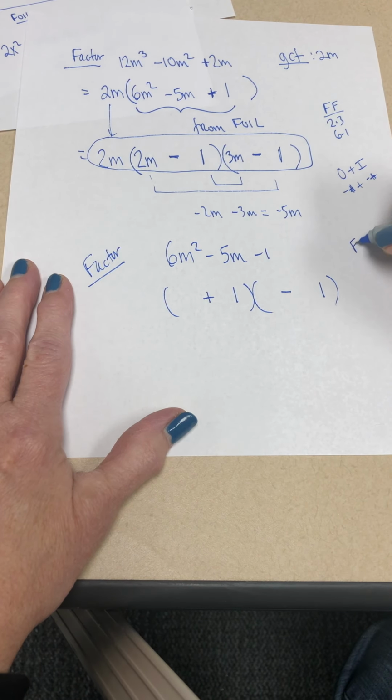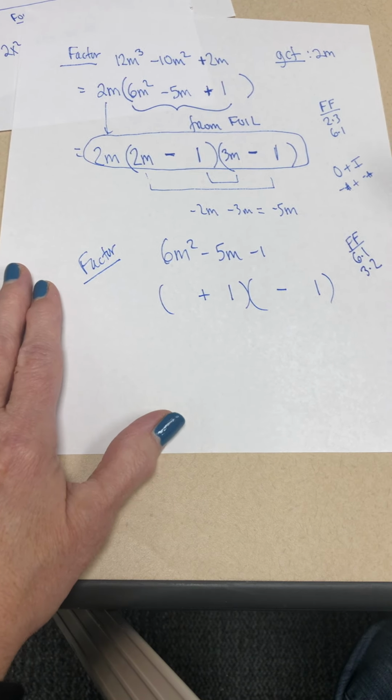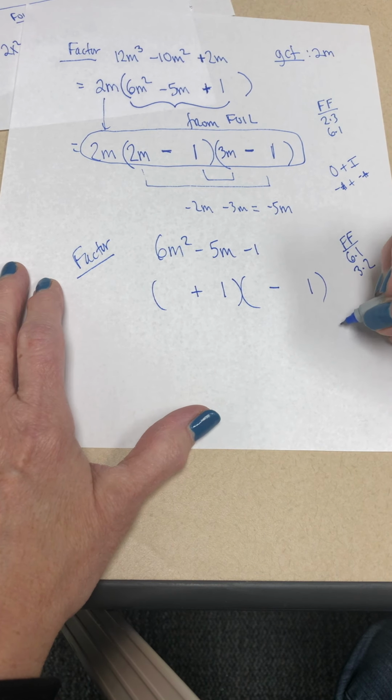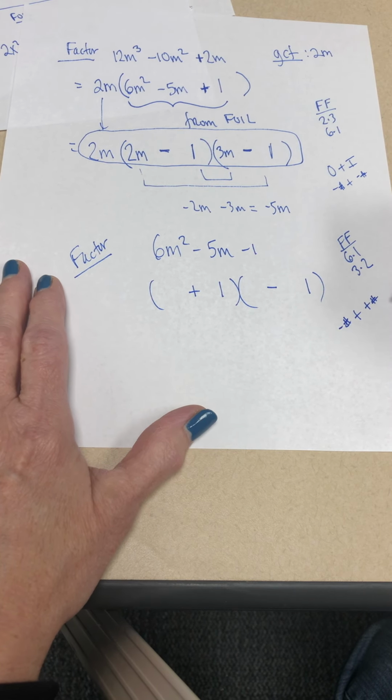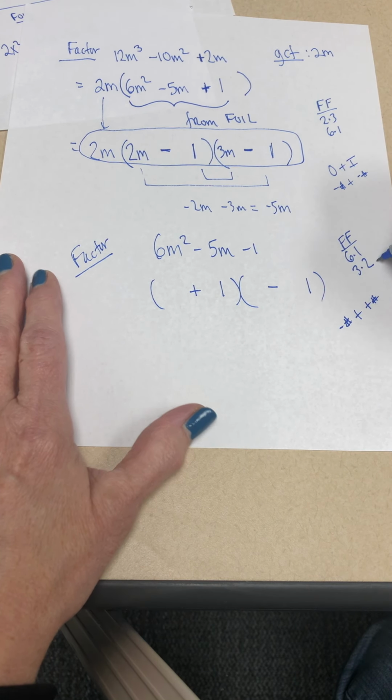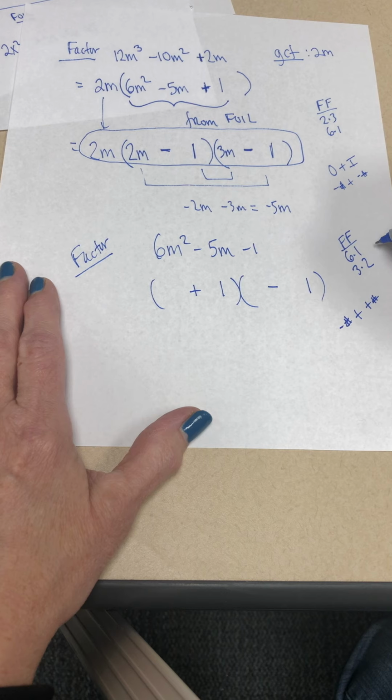First times the first is still that option of 6 times 1 or 3 times 2. But this time, the outer and inner will have opposite signs. It'll be a negative number plus a positive number. And when you do that, you actually subtract their values. So I would need the outer and inner to subtract to 5. Well, 3 and 2 won't subtract to 5, but 6 and 1 will.